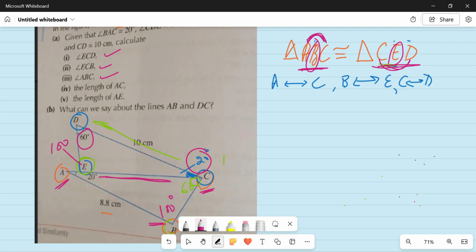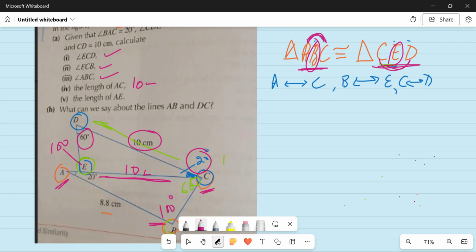CD is 10 centimeters, so this one is also 10 centimeters. See, the names of the triangles help us a lot in finding their calculations, so it is very important. The names are corresponding: the first triangle is corresponding to the second triangle.